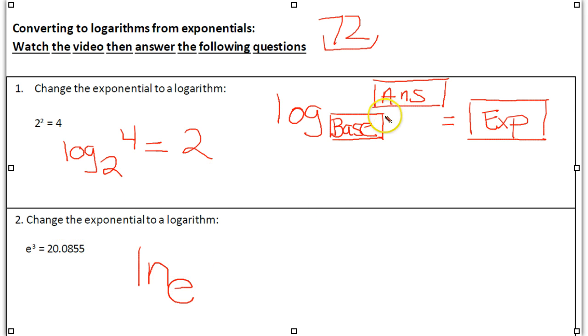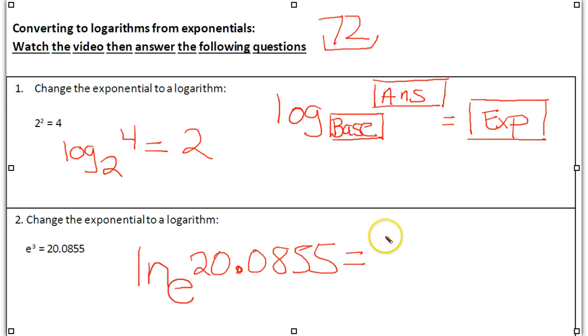Well, our answer is going to be 20.0855. And what is our exponent? Our exponent is 3. So again, if it's natural log, we don't have to write the e. So even though we know it's there, we could take it off of there. So it would appear like so.